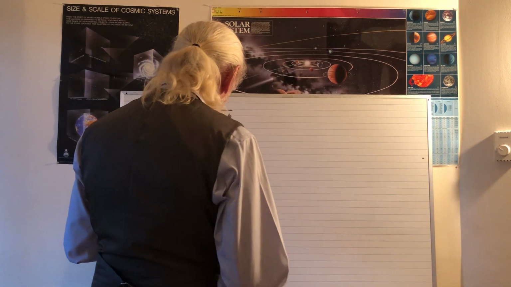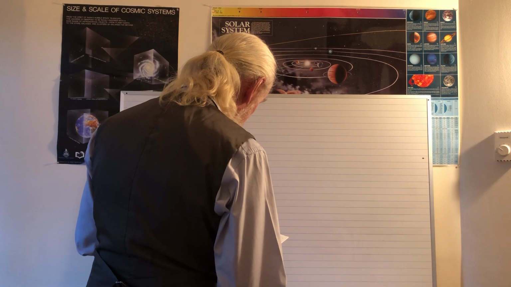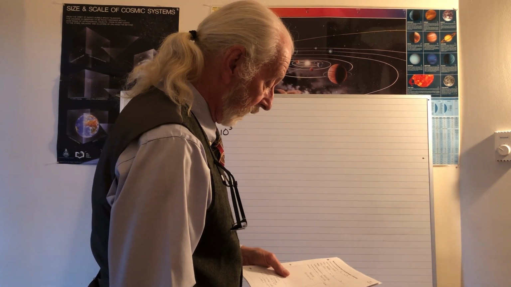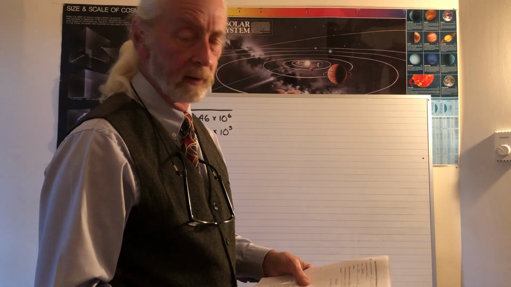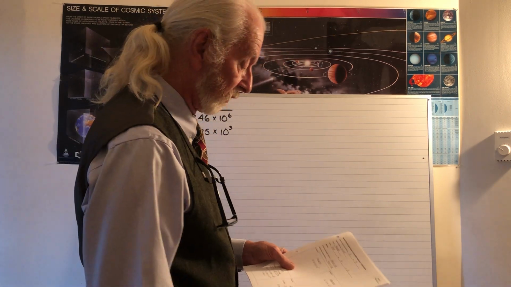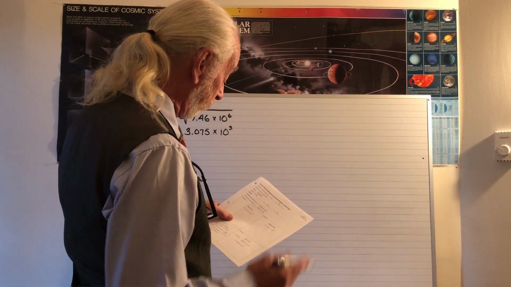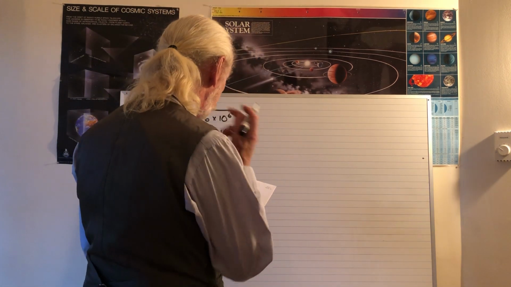Okay, the next example is supposed to be example 2. It still says example 1. So yeah, that's a typo, and I didn't have an editor, so that's my excuse, and I'm sticking to it. So now let's do the cube root of 9.46 times 10 to the 6th.